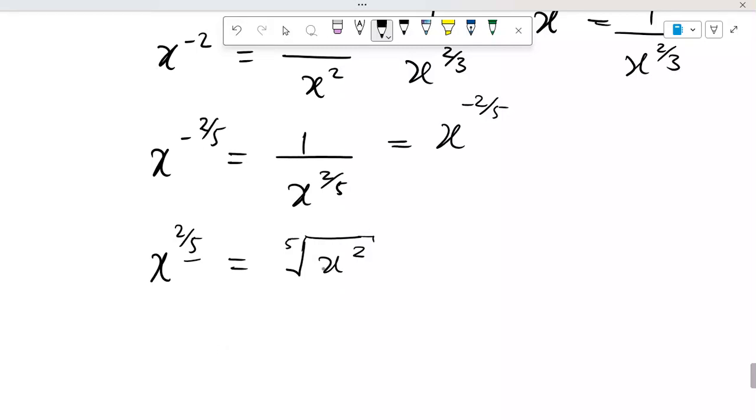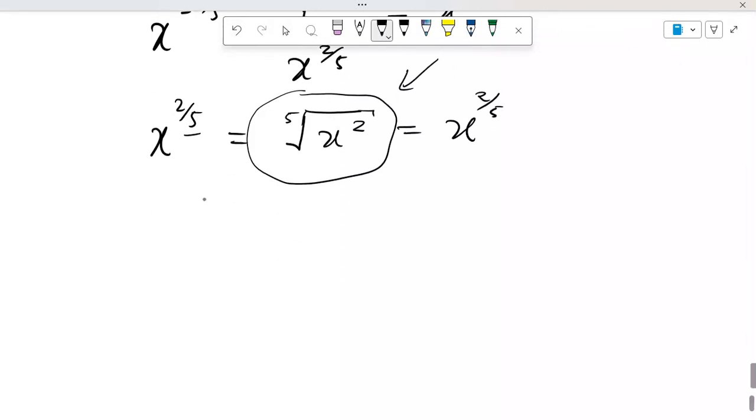So what does it mean? This just means x, the numerator is 2 and the denominator is 5. Okay, so this is just the root form of indices.